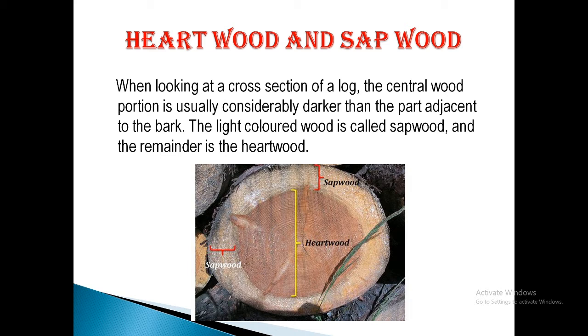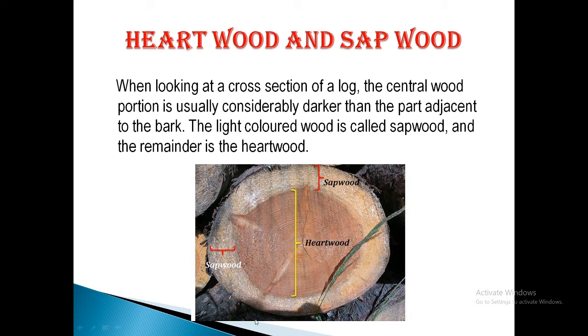In the central region of the old trees, which was formed earlier, it is filled up with tannin, resin, gums and other substances. It is called the heartwood, or duramen.